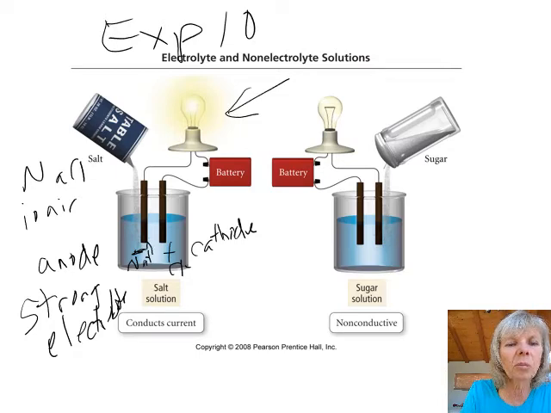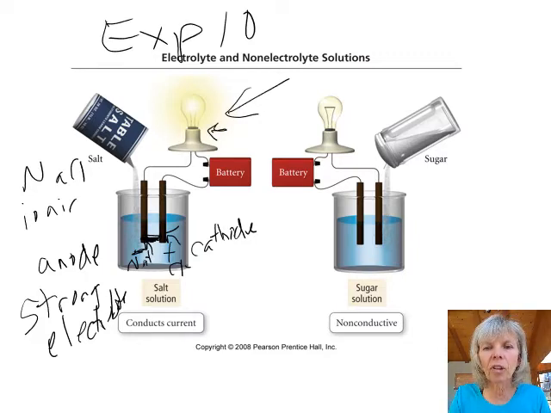So sodium ions will be attracted to the anode, and chloride ions with that negative charge will be attracted to our cathode with the positive charge. By having ions in solution, we actually complete the circuit in our light bulb, causing the flow of electrons to light up our light bulb.